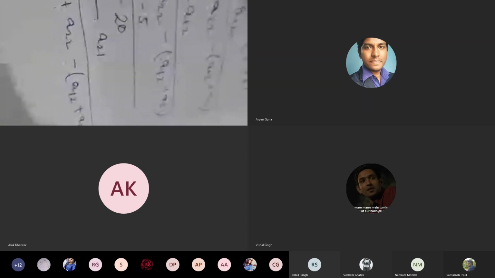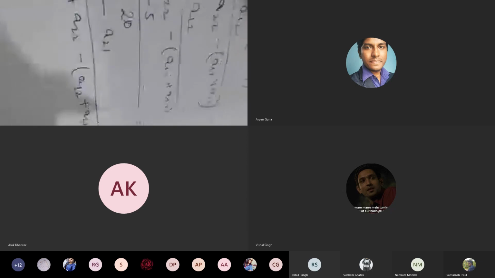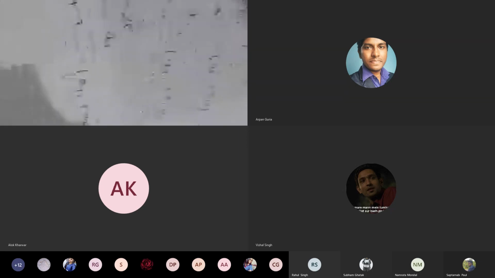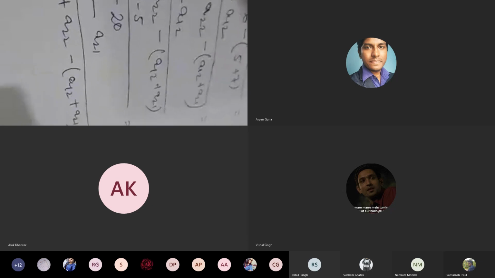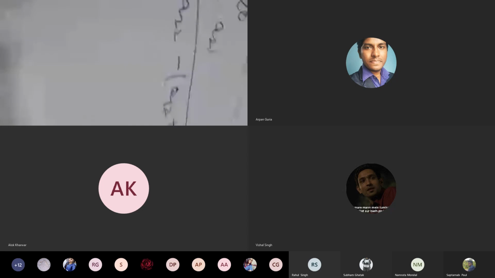So the denominator will be minus 20. In the numerator, A11 is equal to minus 2 and A21 is equal to 7, minus 7. So it is minus 9 by minus 20, so 9 by 20. 9 by 20 we are getting here for y2.